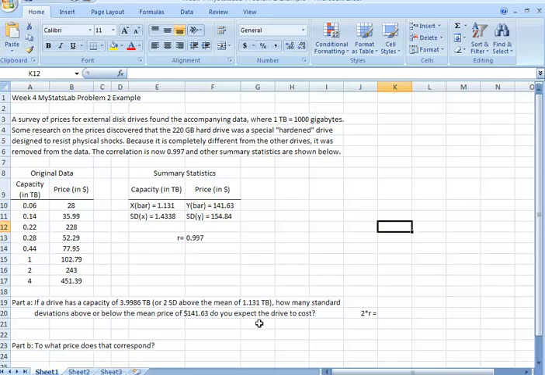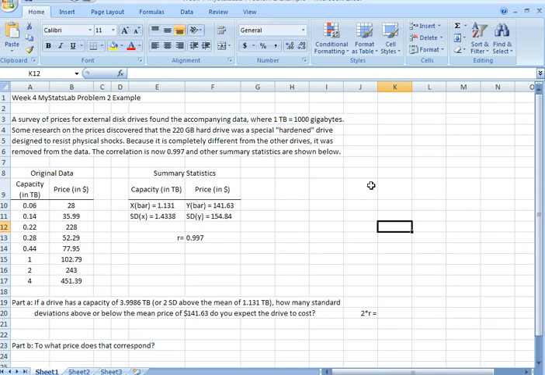Well, to do this, we need to use the correlation, as we see it here. The correlation is a sign of strength of a relationship, and a correlation of 0.997 is a strong positive correlation. So if we had a scatter plot of the data, it would go from lower left to upper right.